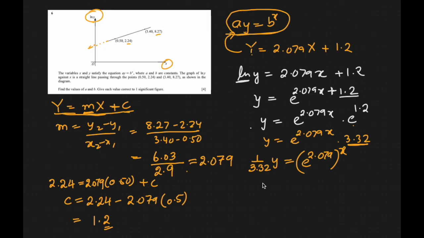So 1 over 3.32 will be 0.3. One significant figure they are asking, right? So 0.3y is equal to 8 to the power x. And now we can write that a is 0.3, b is 8. We wanted a and b to one significant figure, done.